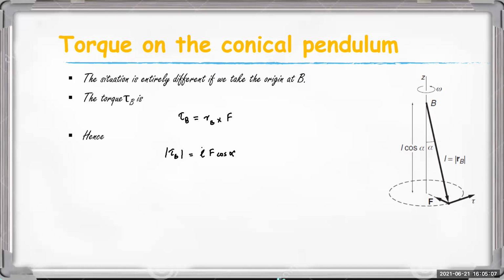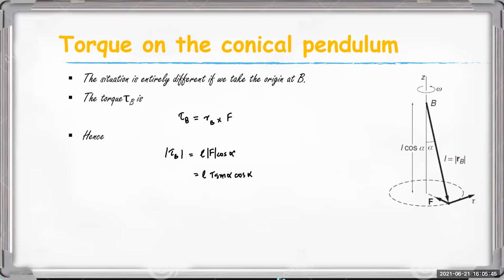RB into F cos theta, then modulus of RB is L, and modulus of F cos alpha. What is the modulus of F? This L into modulus of F, where modulus of F is equal to T sine alpha, into cos alpha.